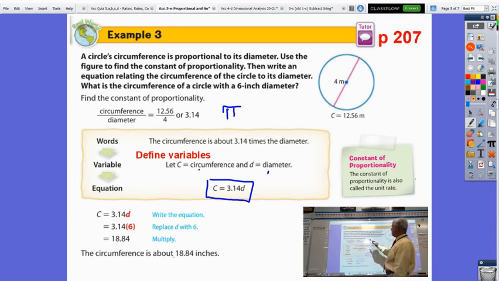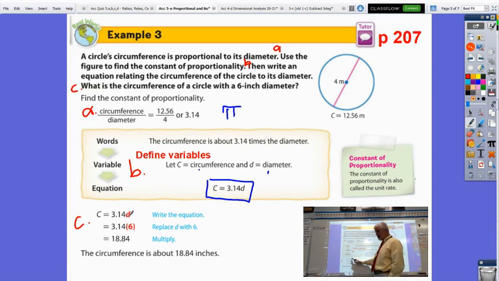Okay, so they say, find the circumference, right? The second part of this is, I would label these different questions A, B, and C, right? So A would be find the constant of proportionality, that's this part. Then B, write an equation, okay, that's this part, including defining variables. And then part C here would be find the circumference of a circle with a 6-inch diameter.